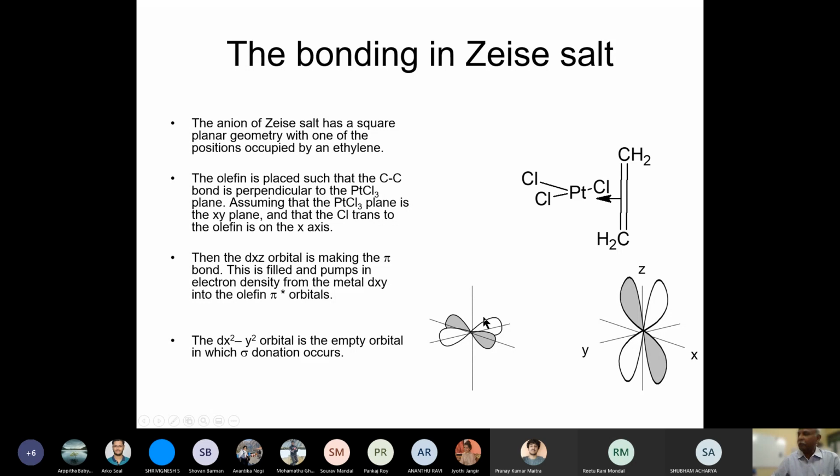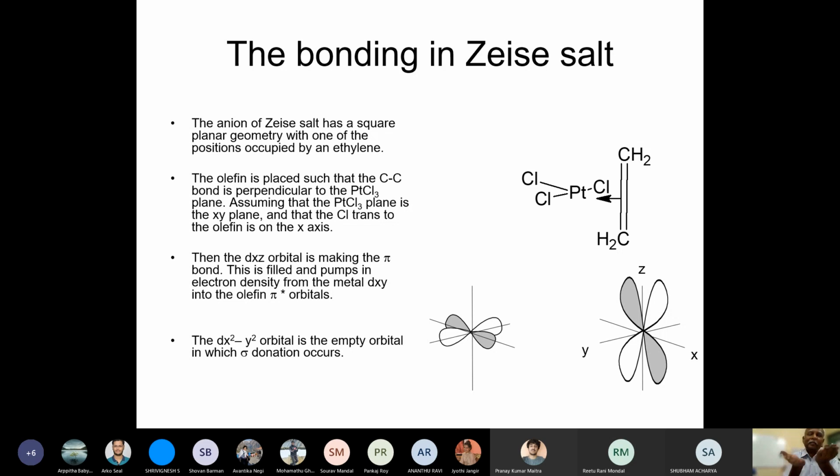I do not have time. I just realized that I'm running out of time. I will probably give you a supplementary lecture on the Zeise complex binding, because it is a common problem. The common problem being whether the metal ligand interaction is like this or like this.